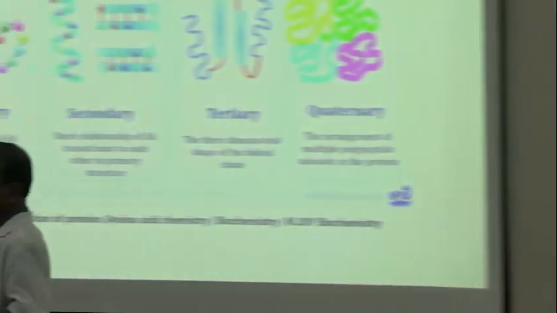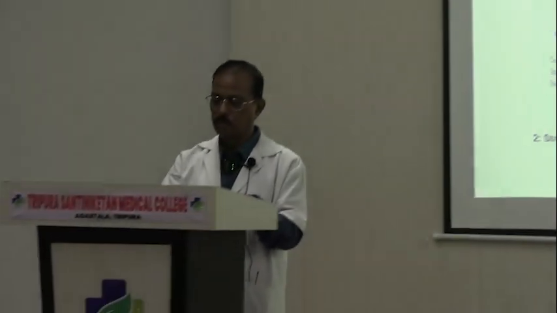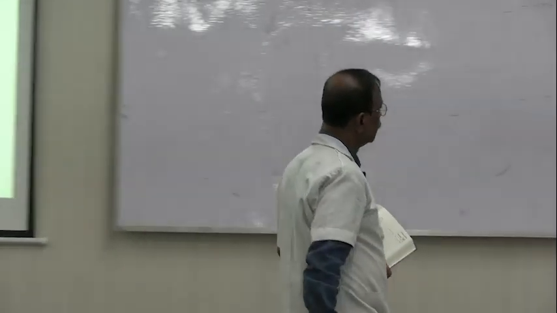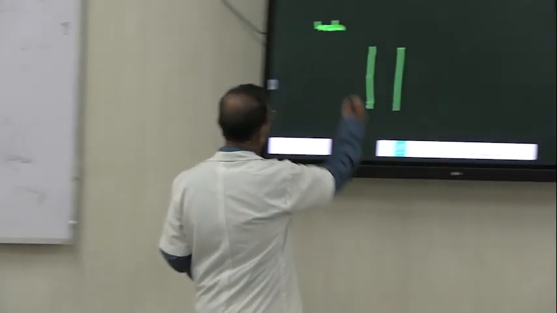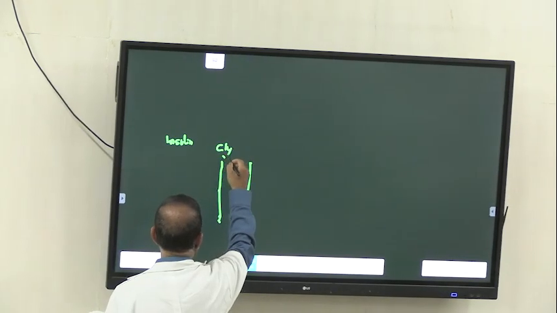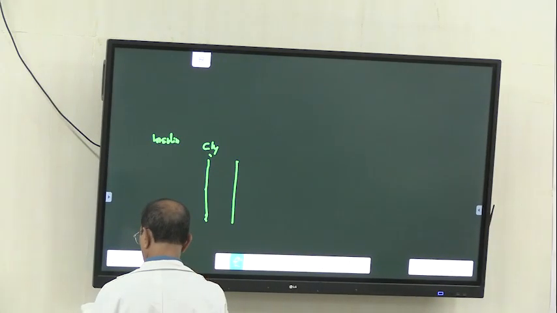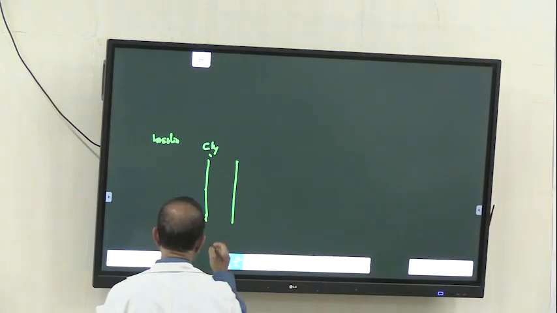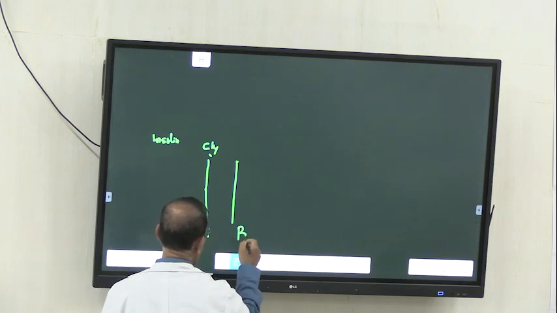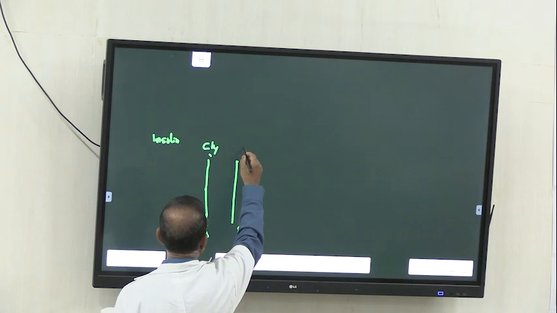Now in insulin, there are two polypeptide chains, A and B. The A chain starts with glycine, and this is the B chain, which starts with phenylalanine.